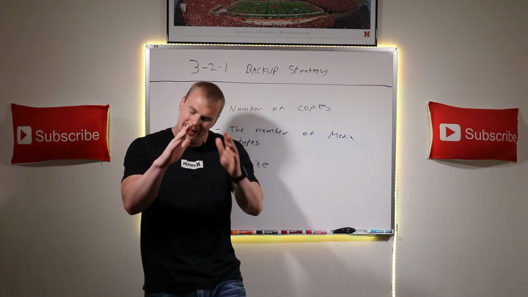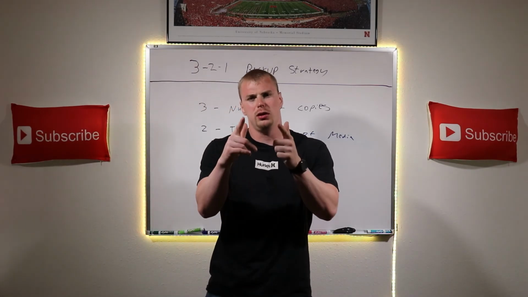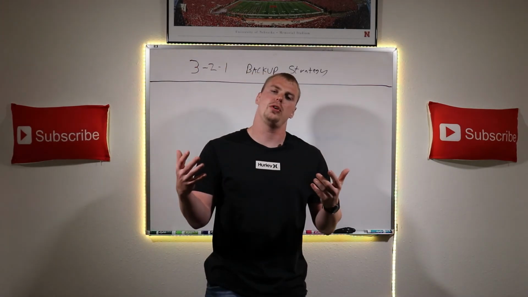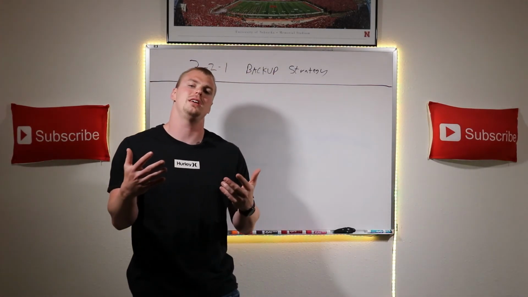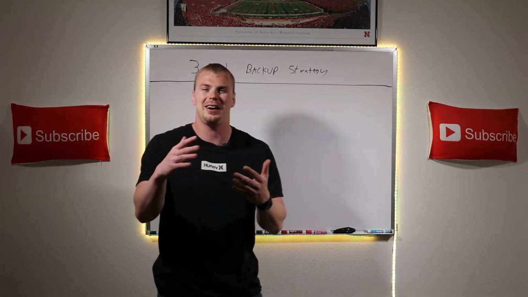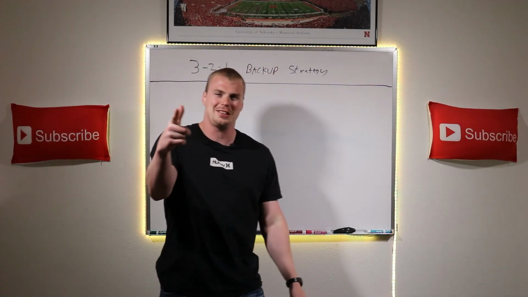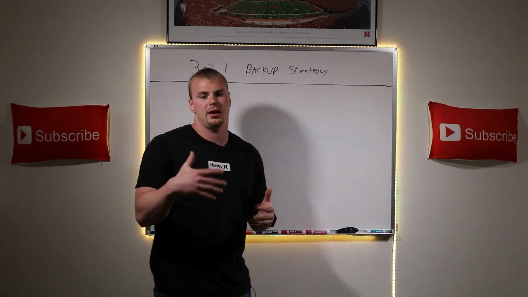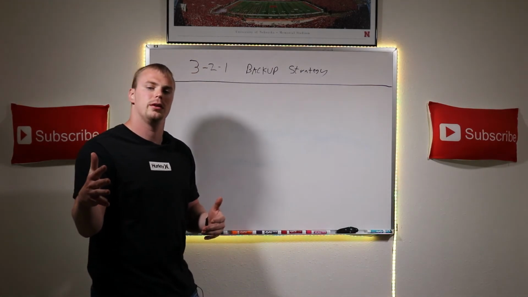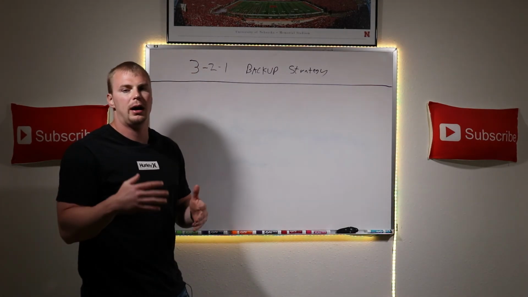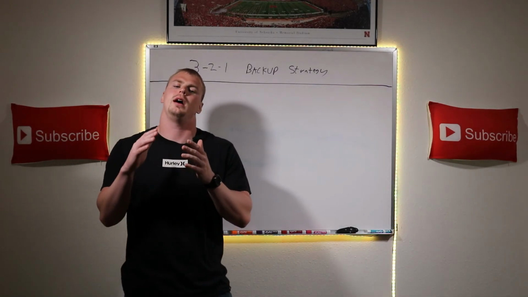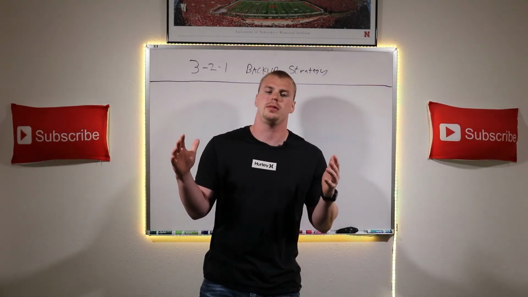Alright, so what is a good way for you to implement the 3-2-1 backup strategy? I would say for most people using PC and Mac, Android and iPhone users, hold on, I'll get to you guys later, stay tuned. For the first and second copies, and to cover the off-site requirement for this, I would set up a cloud solution such as Dropbox, OneDrive, Google Drive, iCloud, something like that.